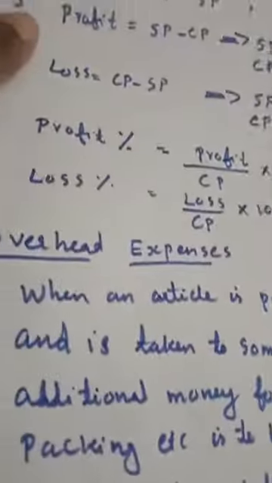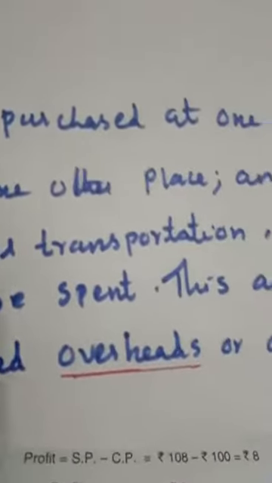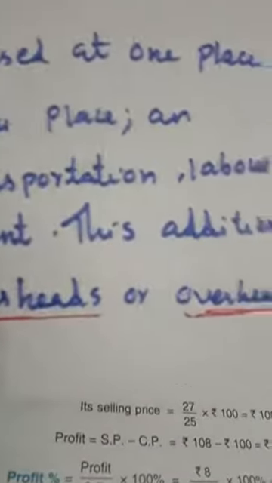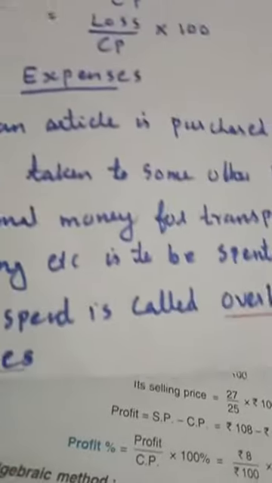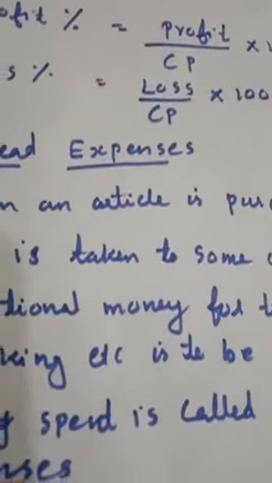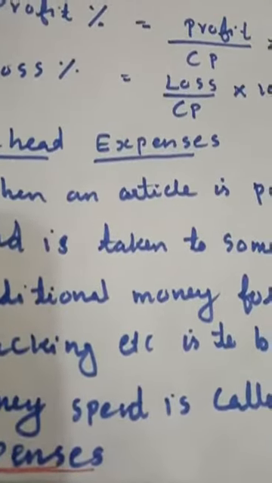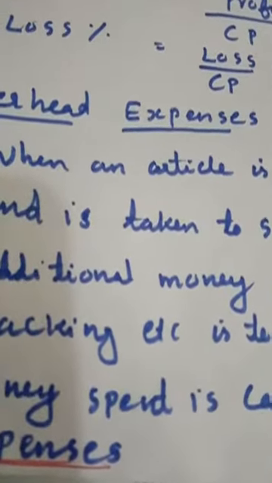Overhead expenses means when an article is purchased at one place and is taken to some other place, additional money for transportation, labor, packing, etc. is to be spent. This additional money is called overheads or overhead expenses.